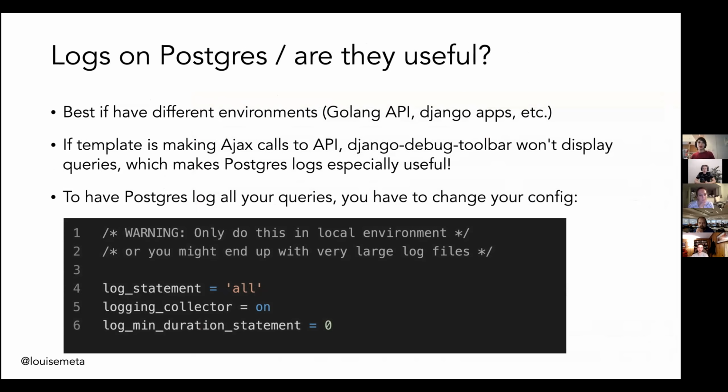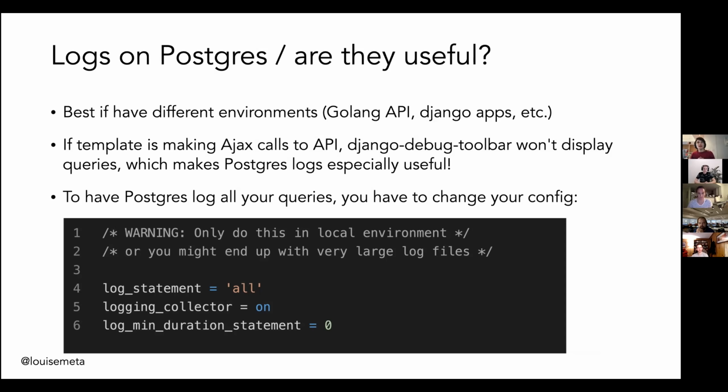And that's where I would recommend, especially if you're using React or this kind of tools, to actually look into the Postgres logs and configure them at least locally so that you can see absolutely everything that is happening.